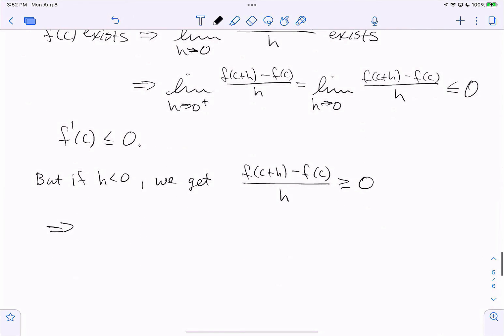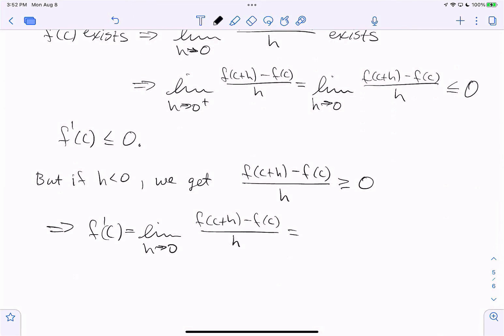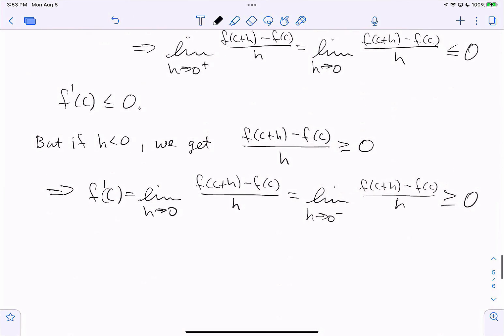That leads us, though, to saying that f prime of c, which is equal to the limit as h approaches 0 of f of c plus h minus f of c divided by h, is equal to the left-sided limit as h approaches 0 from the minus side of the difference quotient, and that, we just said, is greater than or equal to 0. So f prime of c is greater than or equal to 0.